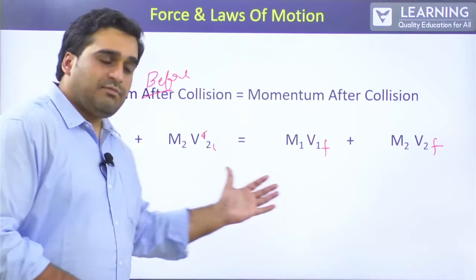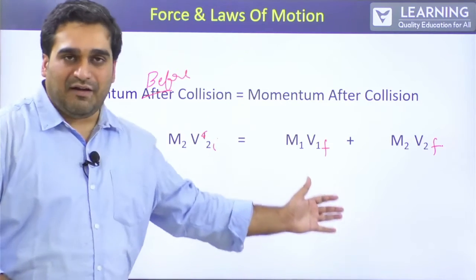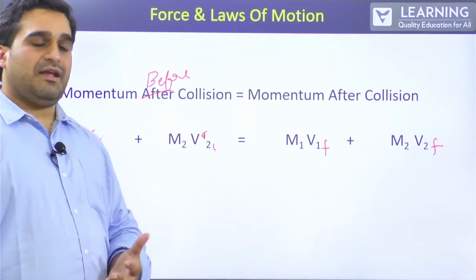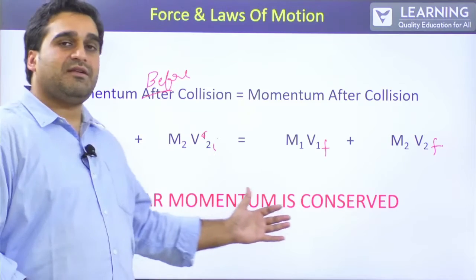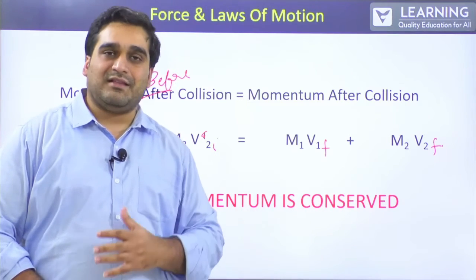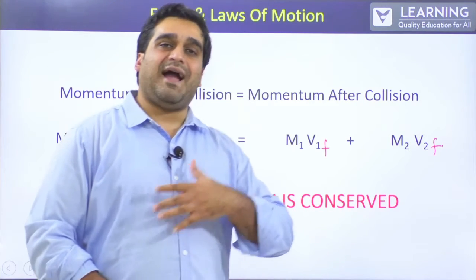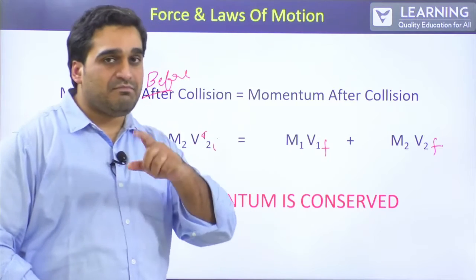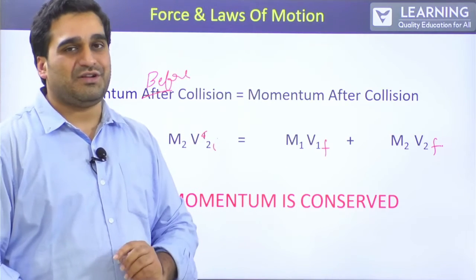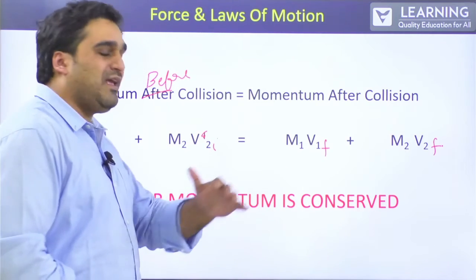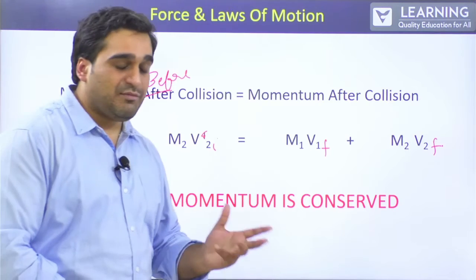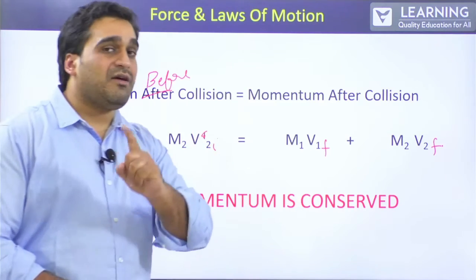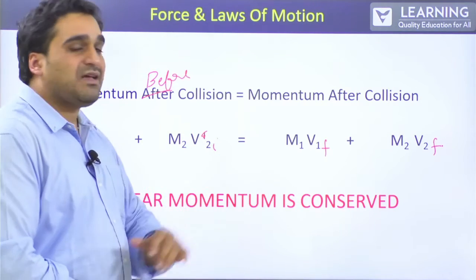Since the momentum is conserved before and after, we can imply that the linear momentum is conserved. There is no extra momentum added or removed before and after collision. Therefore, we say that the linear momentum, meaning momentum along a straight path, is conserved.